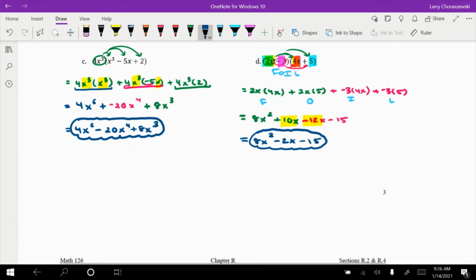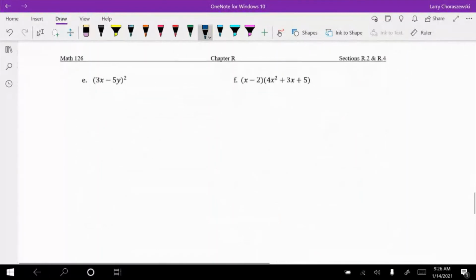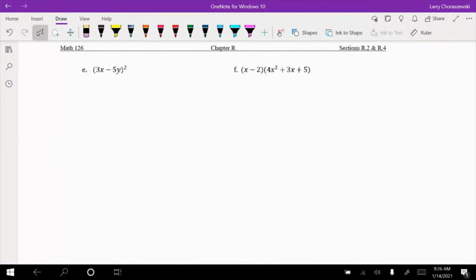Okay, a couple more examples and we'll be done with this section. For part E, the reason why this is a multiplication type problem is because of the power of 2. Remember, exponents tell you how many copies of the base you're multiplying together. In other words, it's repeated multiplication.